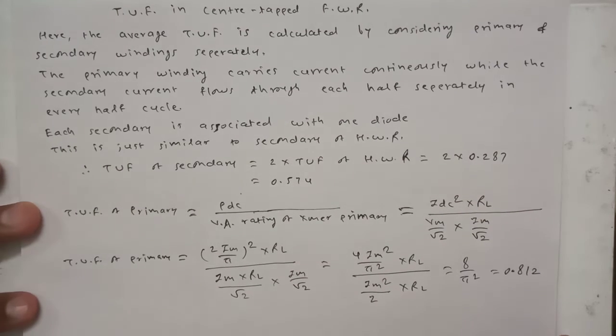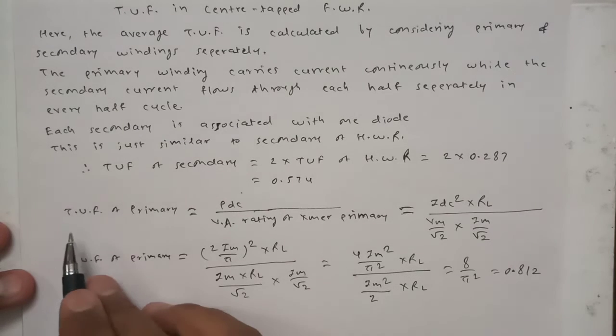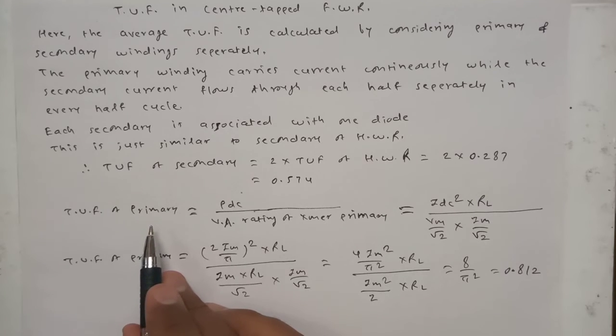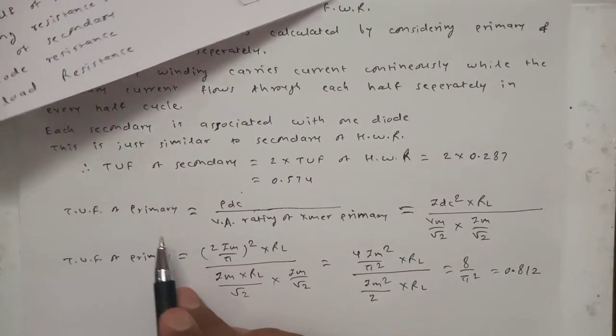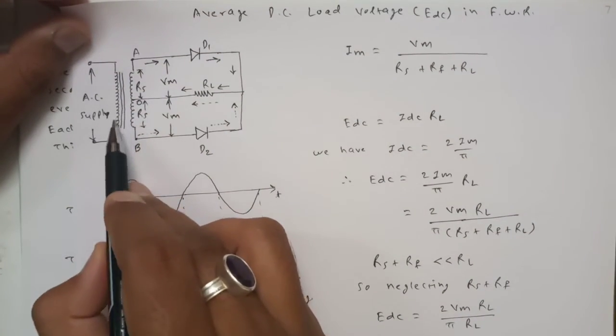Okay, so now once again let us see what actually we have calculated. We have calculated the TUF of primary, means transformer utilization factor of the primary of that circuit. What is actually the meaning of this? Its meaning is how much percentage value we are utilizing this primary.